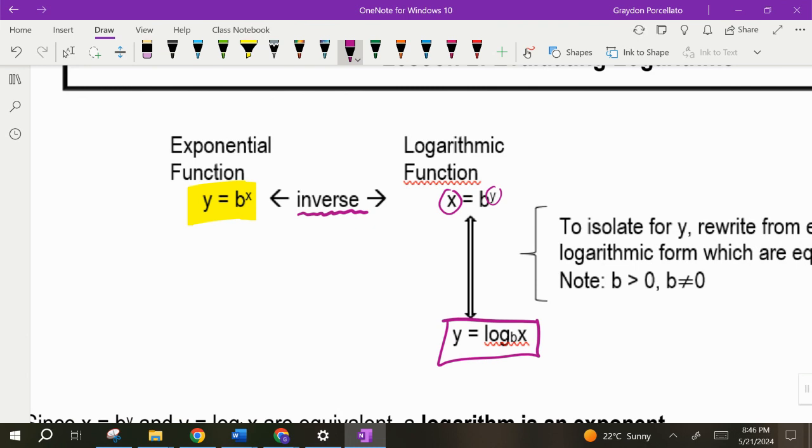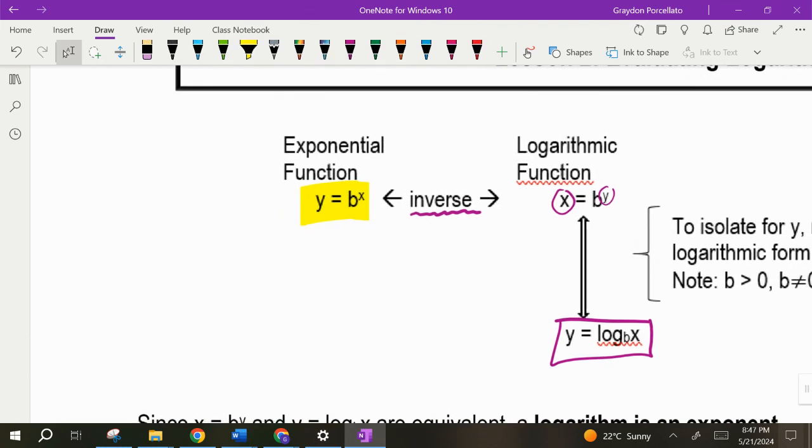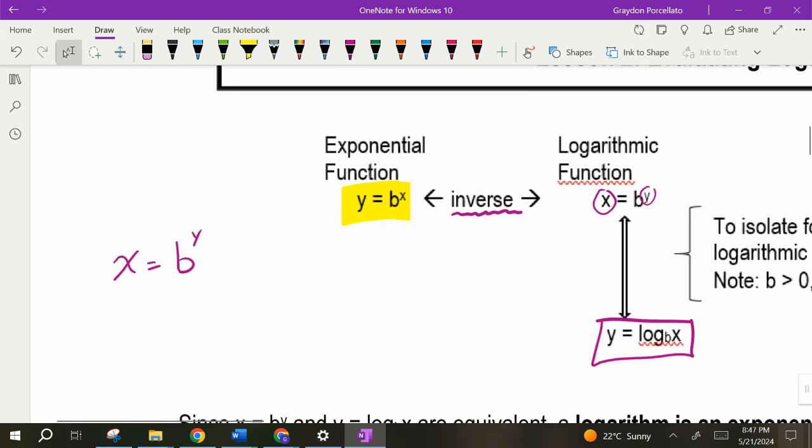Okay? Basically, the idea I was showing a student yesterday is that we have x equals b to the power of y. We're going to get into talking about logarithmic laws shortly, but for the purpose of this right now, the main thing is that you know that taking a log is the opposite of an exponent.